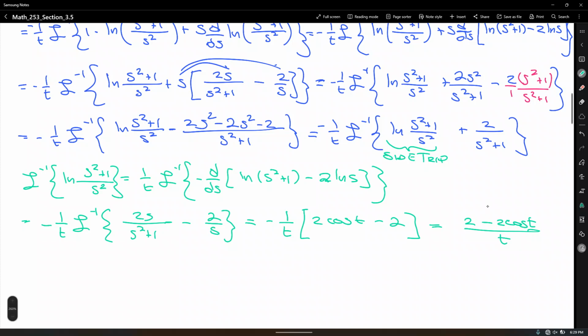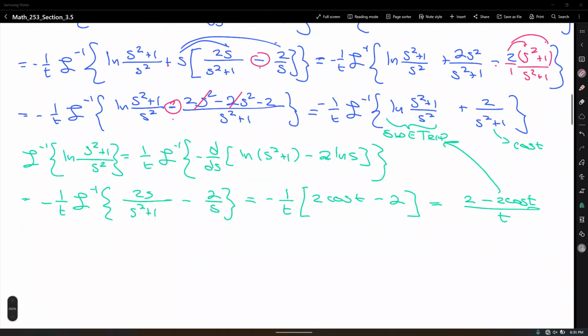So, guys, the inverse transform of this is going to be, what is that? Cosine t, right? And the inverse transform of the side trip is going to go to that. So that's what we get out of the side trip. However, there's a couple of sign issues. Combining these two should remain plus, and plus.